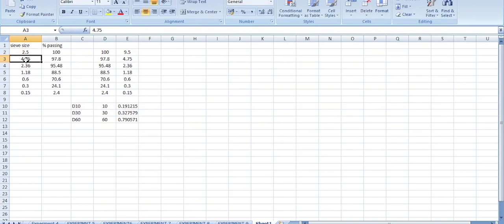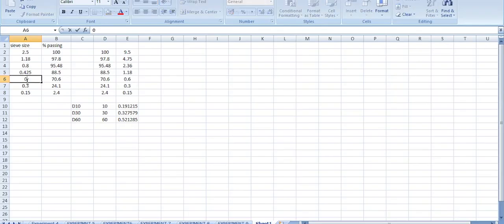This should be 1.18, and this should be 0.80. This should be 0.425.